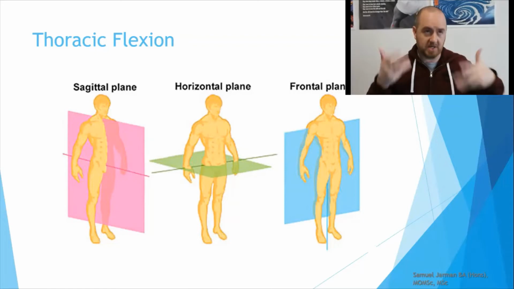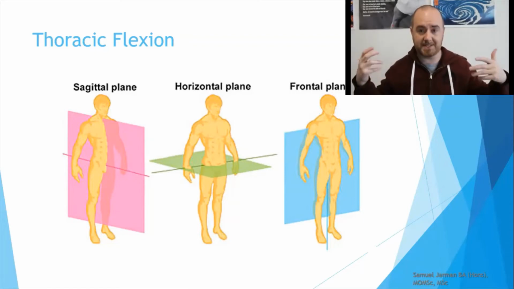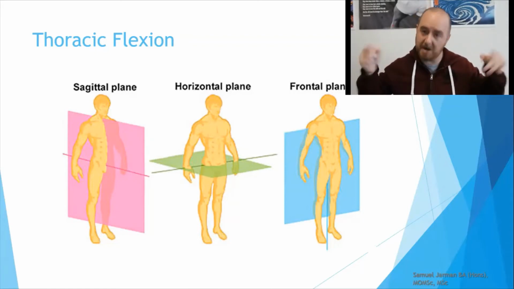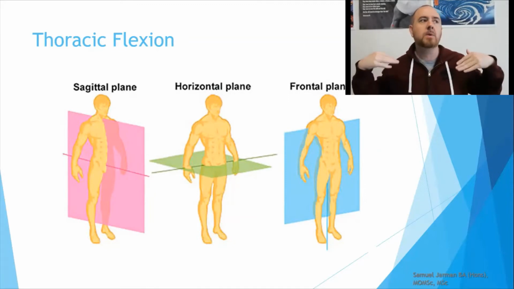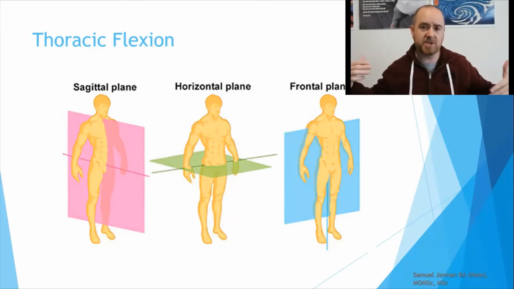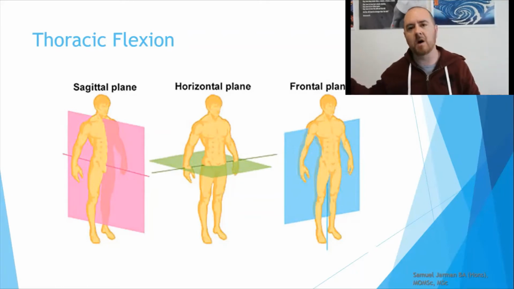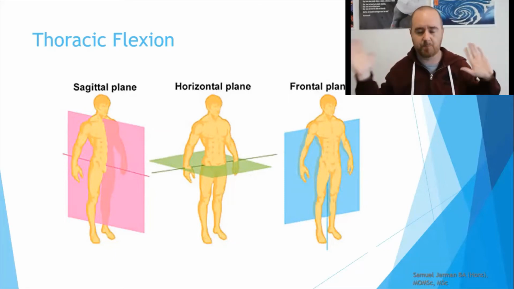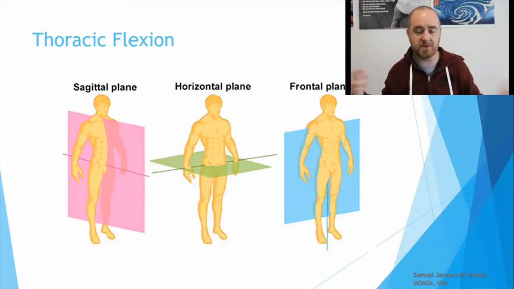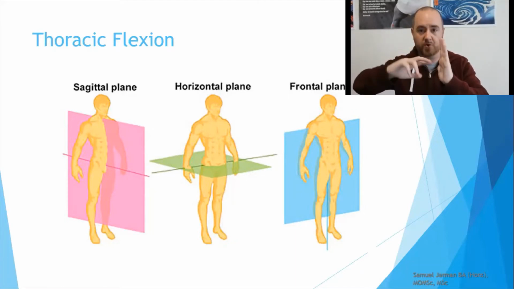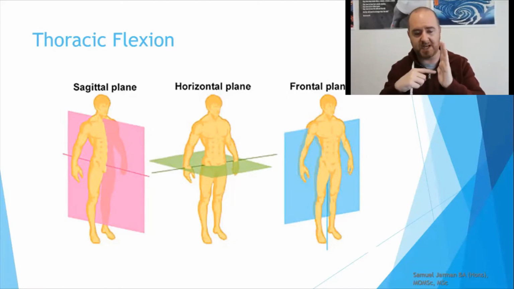Because flexion is essentially a rotational movement about a transverse axis in the sagittal plane, but if we use the term rotation to describe flexion and extension or side bending, then we have a harder time relating that to rotation. Rotation is primarily the term that's going to be used for motion in the horizontal plane or the transverse plane, but flexion is a rotatory movement about a transverse axis in a sagittal plane.